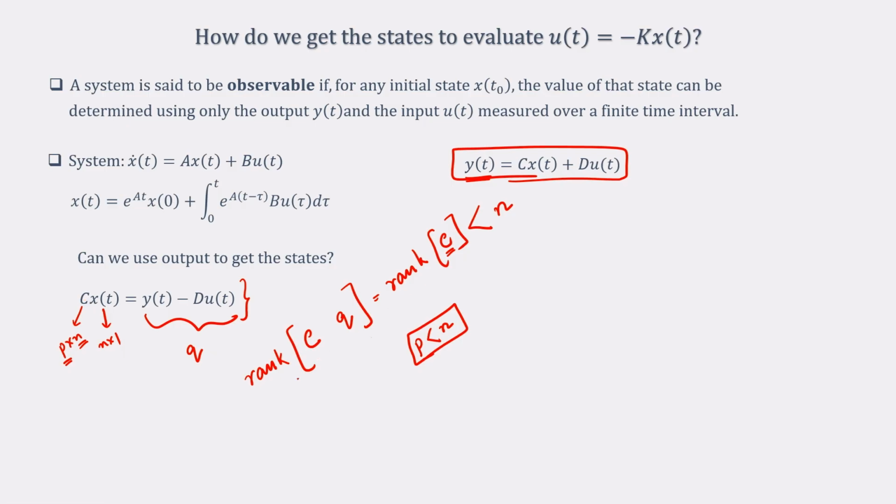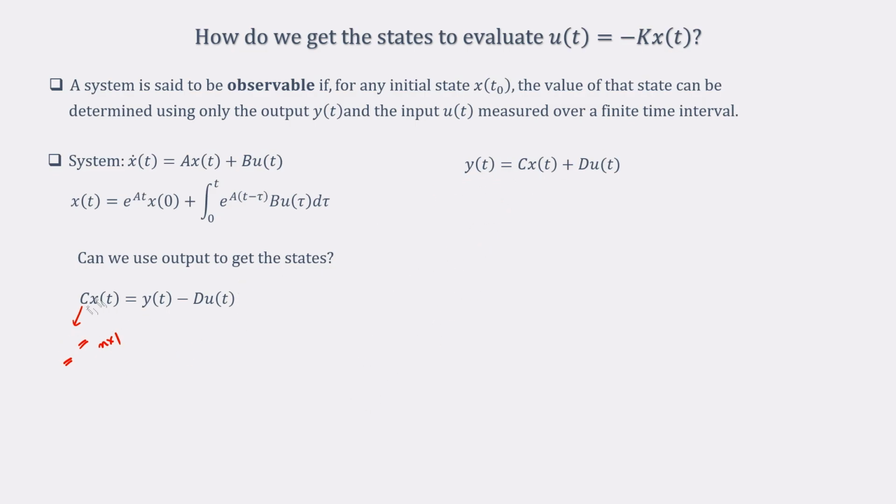Which means that this will be satisfied, and since the rank of CQ equal to rank of C is less than the number of unknowns, we will have infinitely many solutions, and that is the problem, right. If you have infinitely many solutions, what we are basically saying is that there can be different x for which you can get the same y minus Du, but that means I will have many x's, x bar, x hat.